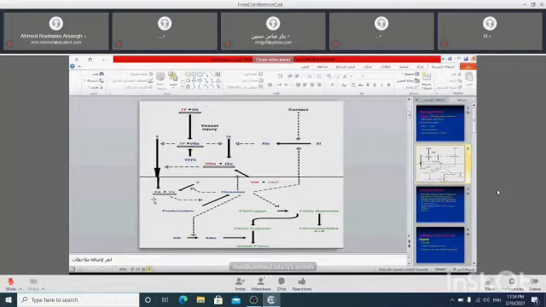The active form of factor 10 then changes prothrombin to thrombin, and the thrombin is very important for activation of factor 13 because factor 13 stabilizes the fibrin or the clot.